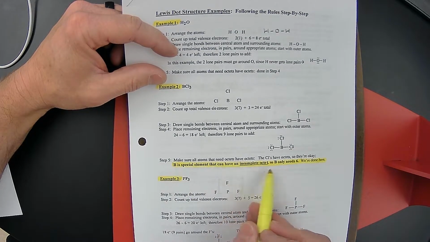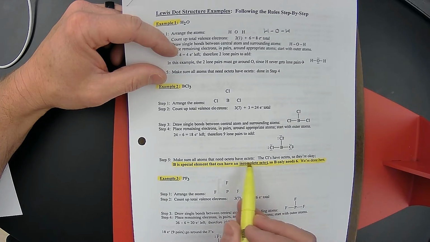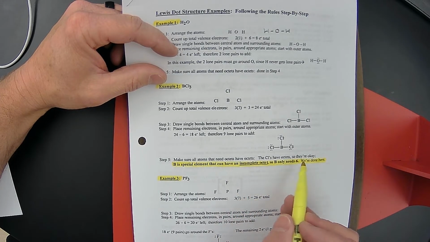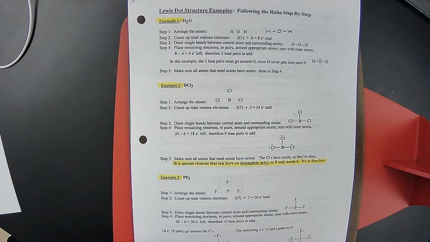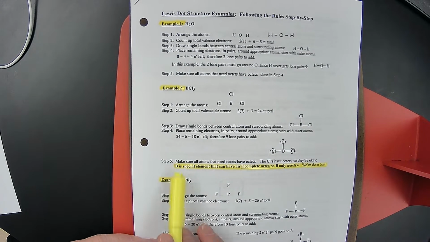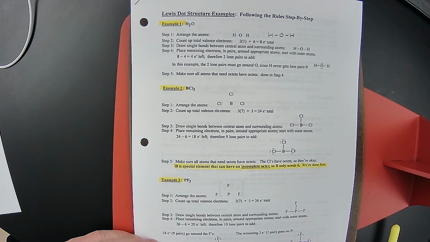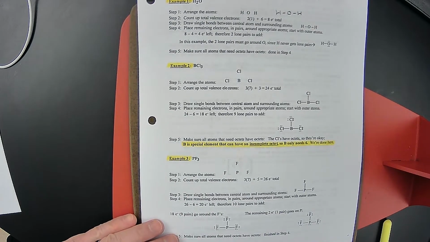Here, boron is an exception to the rule, and it has an incomplete octet. It only wants 6 electrons. There's one other atom, beryllium, that only wants 4 valence electrons, and that is also an incomplete octet. Boron and beryllium are the two that we'll be dealing with that have incomplete octets.